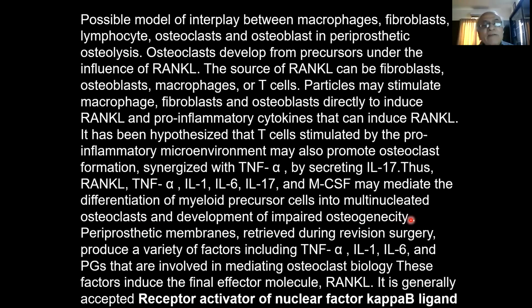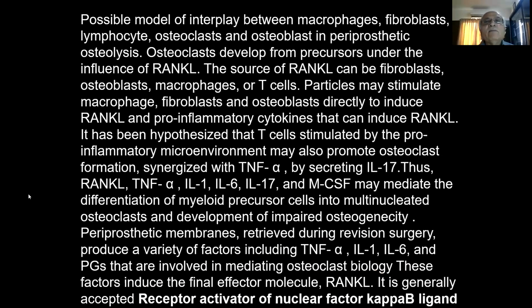So what people have done, at the time of revision they took out the periprosthetic membrane and injected it into an animal model, and it produced a variety of factors including TNF alpha, and all these factors are involved in mediating osteoclast biology. Thus, the final effector molecule is RANKL, and it is generally accepted today. So RANKL is one of the responsible.